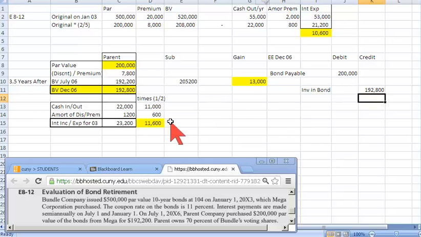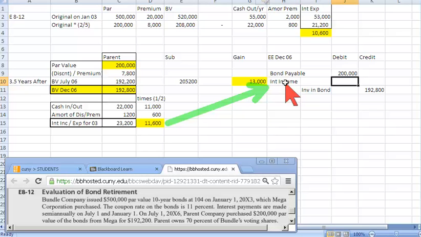We also have an interest income, which we need to get rid of. And we have an interest expense, which we need to credit.